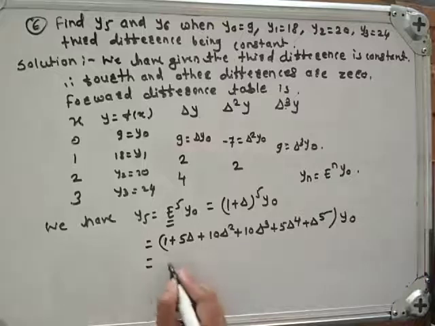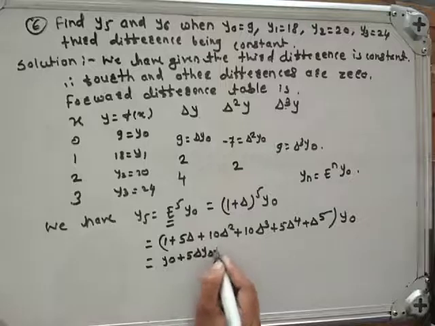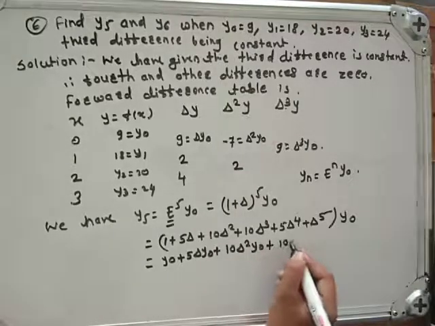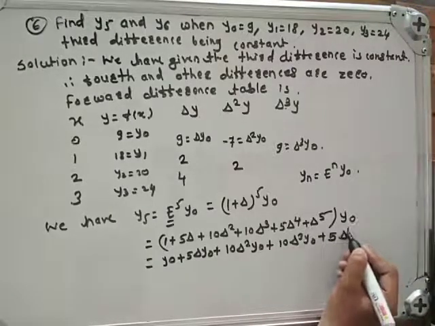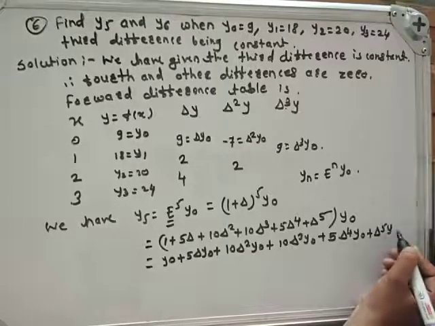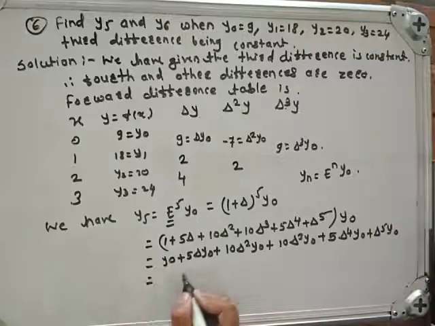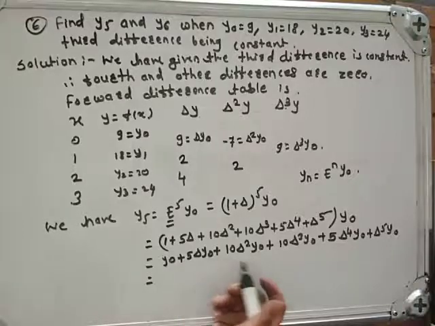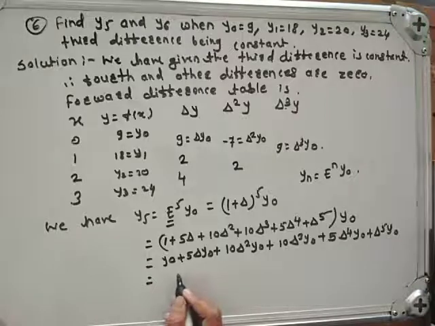Simplify this, we get y0 plus 5 into delta y0 plus 10 into delta square of y0 plus 10 into delta cube of y0 plus 5 into delta raised to 4 of y0 plus delta raised to 5 of y0. Okay. Now put the values of y0, delta y0, delta square y0 and so on up to delta raised to 5 y0.